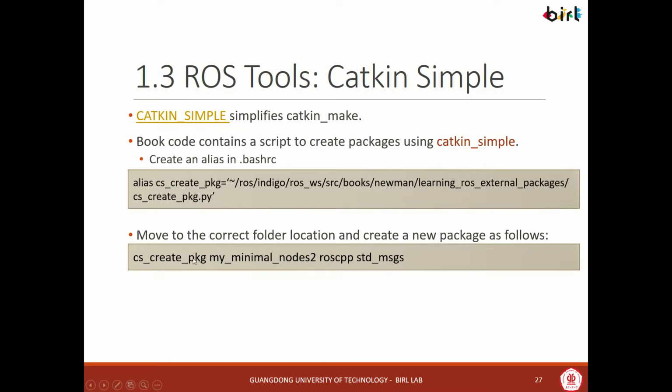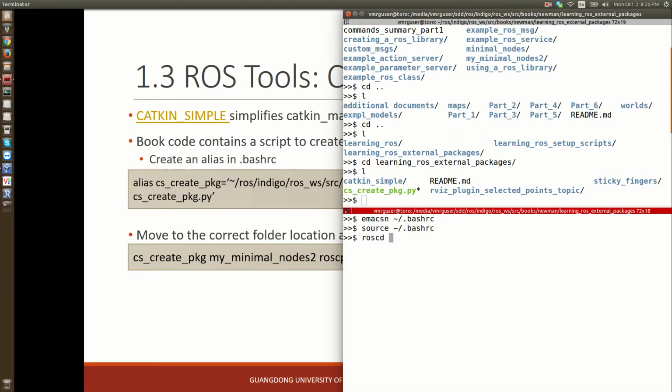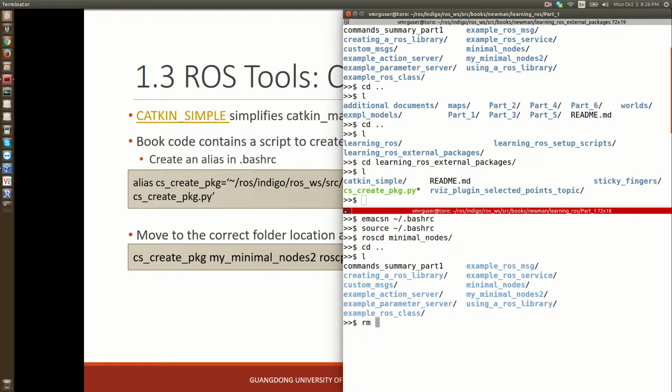Okay, so let me go back here. Let's create one package called my minimal nodes 2. Sorry. Which I have already created, but let me remove it. So here I might use my new tool, cs_create_pkg, my minimal nodes 2, along with the dependencies as before.